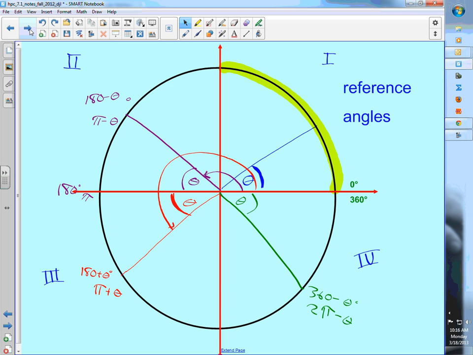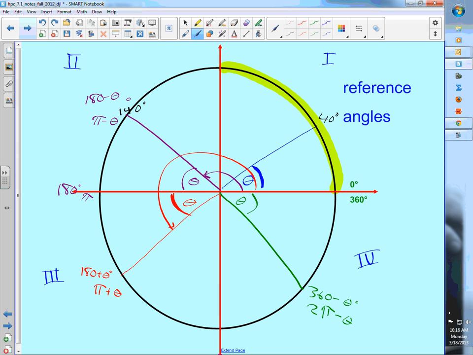So that would give you 180 minus theta, or in radians, pi minus theta. And those 2 angles, theta and 180 minus theta, will be related. For example, if theta was 40 degrees, the angle in quadrant 2 would be 180 minus 40, or 140 degrees.